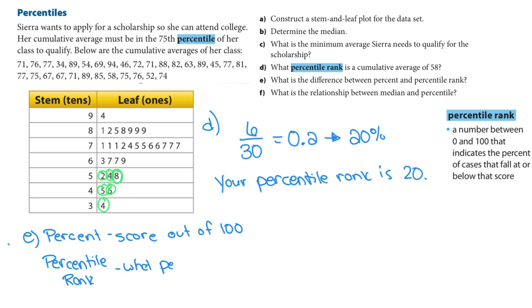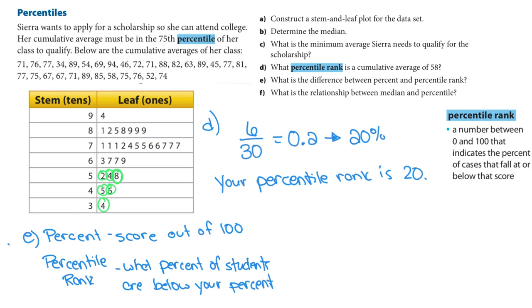What percent of students are below your percent? So let's say that Sierra gets an 81. Her percent will be 81% out of 100. Her percentile rank will be the 75th percentile because 75% of students are below her.